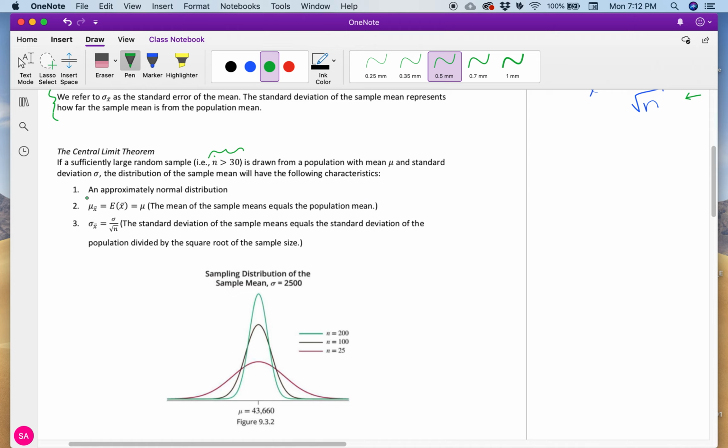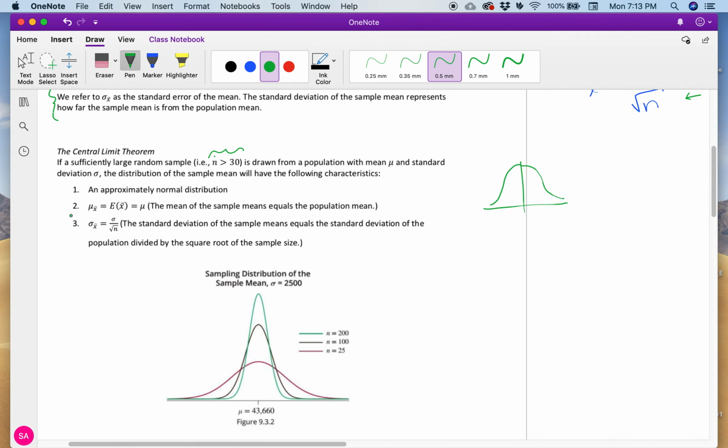Number 1, an approximately normal distribution. That is, the distribution of the sample mean will be approximately normal. And remember, that just means it's a bell curve. So all distributions of the sample mean, if we have a big enough sample size, will start to look normal.